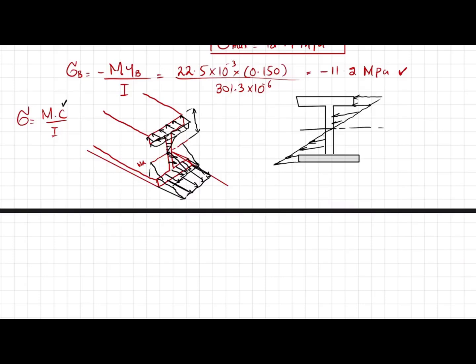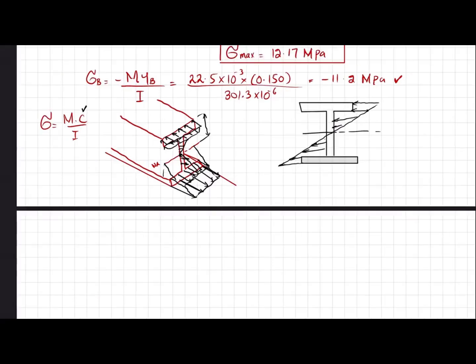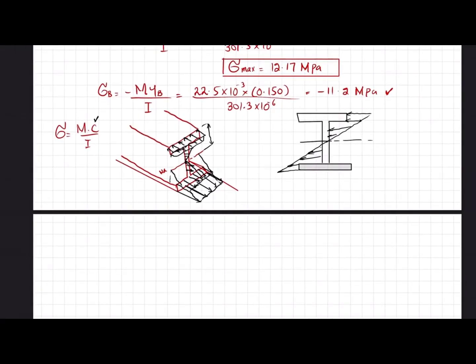So this will be the stress distribution. I hope so. Also you can see that this is the force, the stress distribution force, and it is producing a moment in this direction, because you can see this force is in this direction and it is producing a couple, and this force is in this direction. So it is producing a counterclockwise moment, and this moment will be equal to 22.5 kilonewton meter.